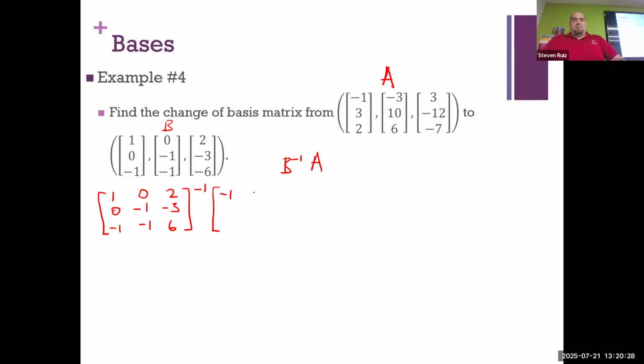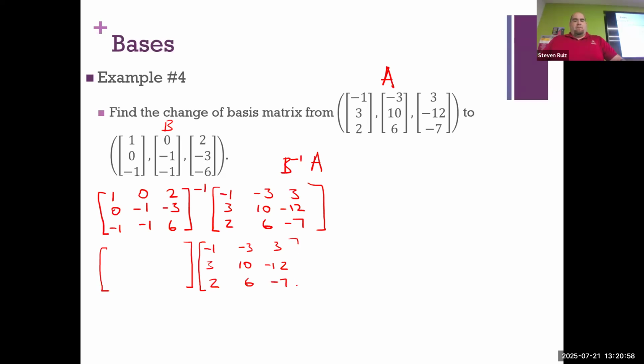But if somebody wants to fire off the inverse, anybody had it yet? All right, cool.